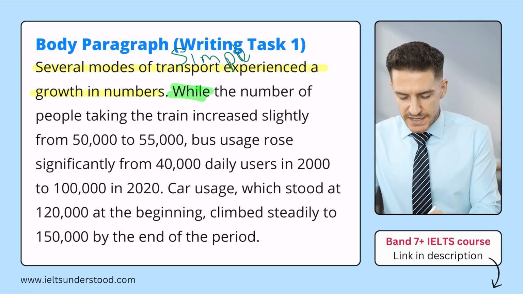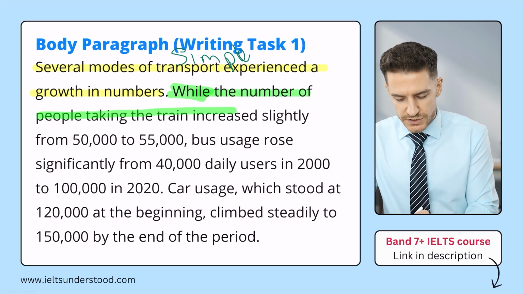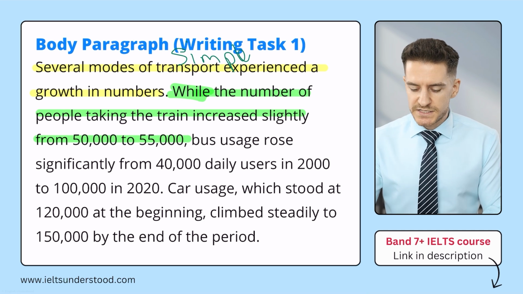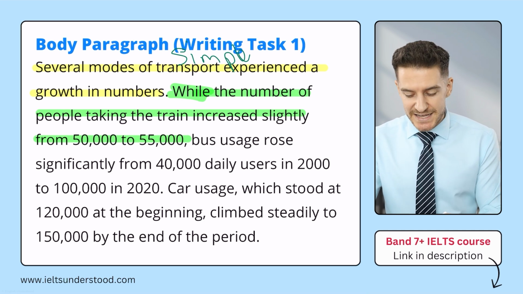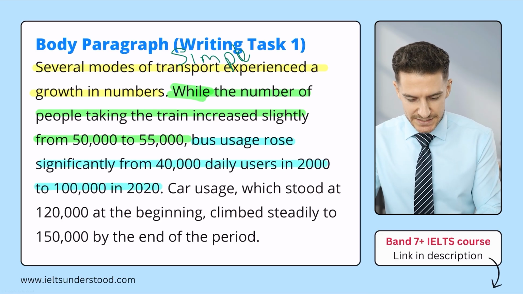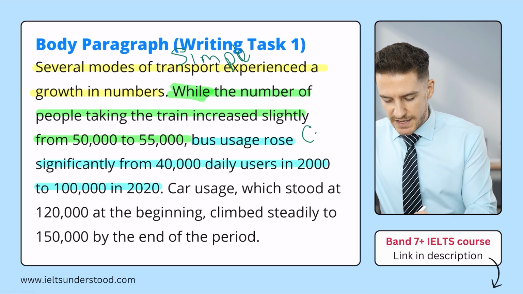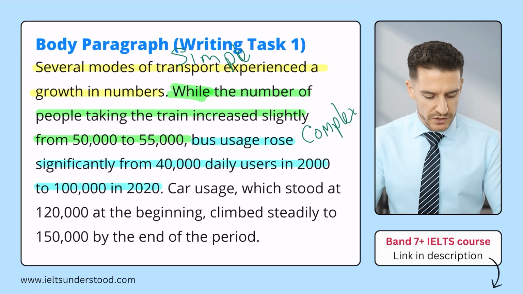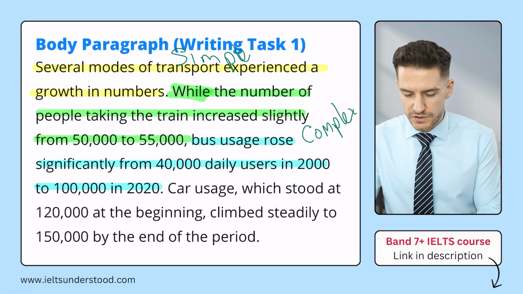So this first bit here, while the number of, that is a dependent clause because this part of the sentence needs the next part, which I'm highlighting in blue, to be a complete sentence. So this here is a complex sentence because we have a dependent clause and an independent clause.